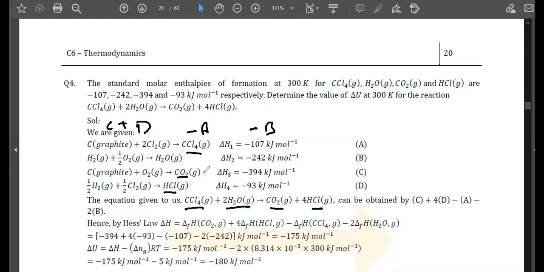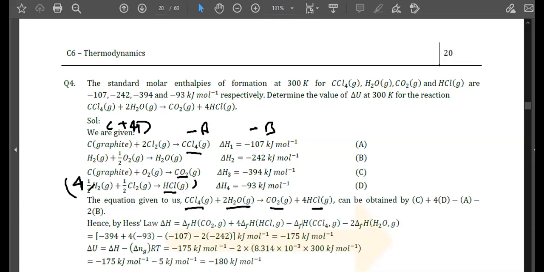Now we have to find the coefficients. It is 2H2O here, and here we have half H2O. So you have to multiply D by 4. Then you have CO2, which is fine. 4HCl is also there because you have multiplied everything by 4. Then this O2.